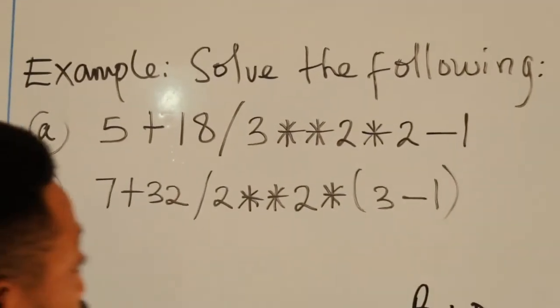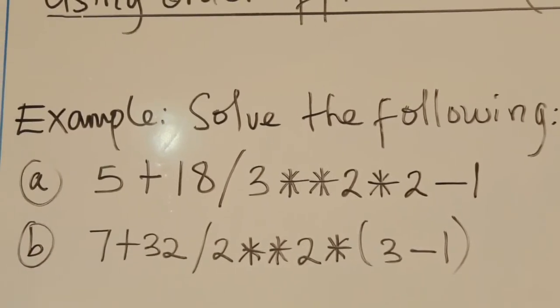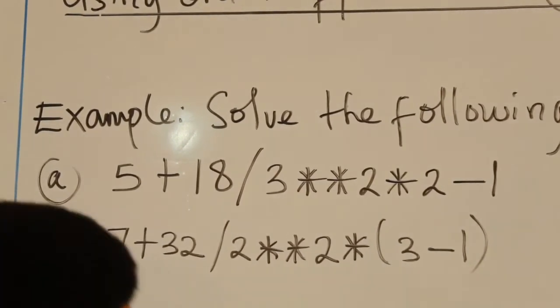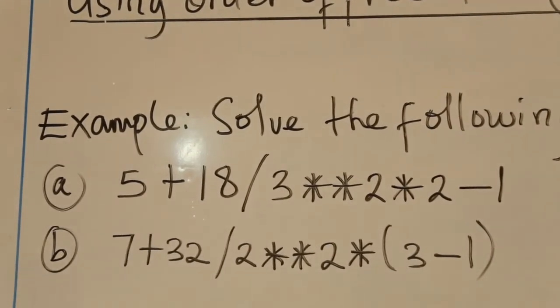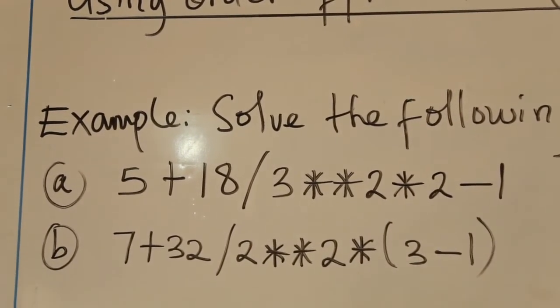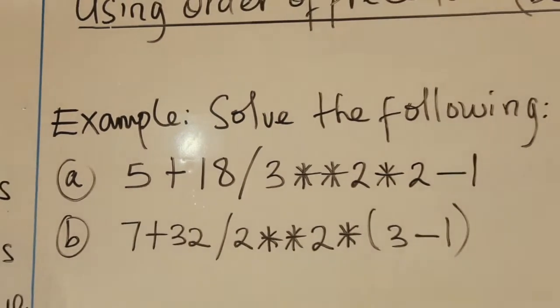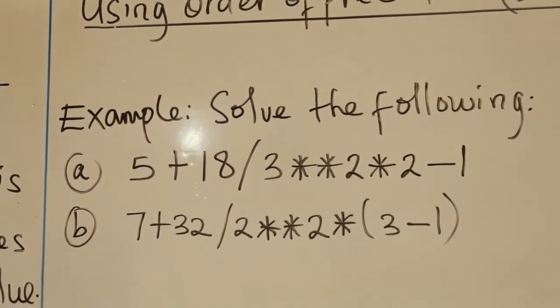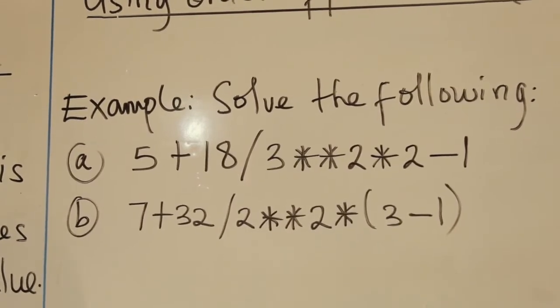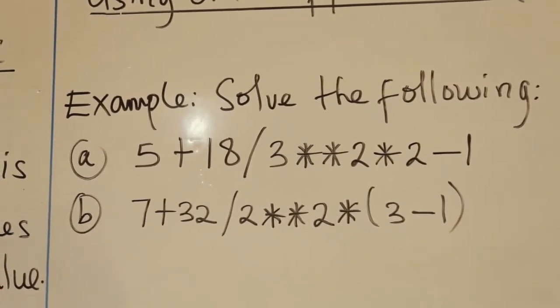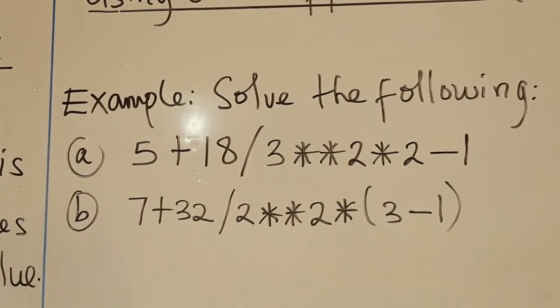Okay, let's look at these examples on the board to further explain what we mean by BEDMAS. We have two examples here, example 1 and 2. The first one says, solve the following using BEDMAS: 5 plus 18 divided by 3 exponent 2 times 2 minus 1.